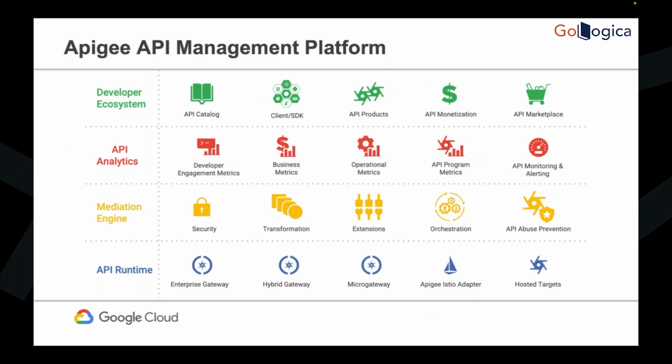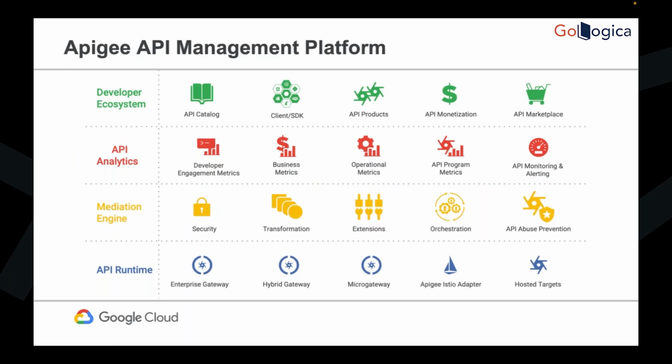APG does not capture request and response payload, for security and compliance reasons. However, some other information about the consumers, the APIs, traffic, and targets is captured here, along with successes and failures. That kind of data is very useful to build different kinds of reports for different stakeholders. You can build developer engagement metrics, business metrics, and operations metrics too, right?